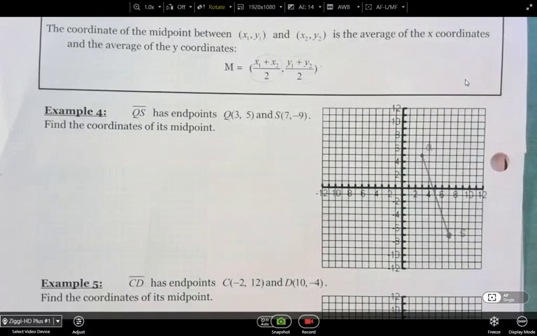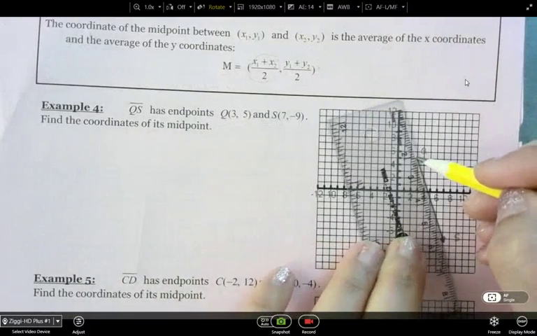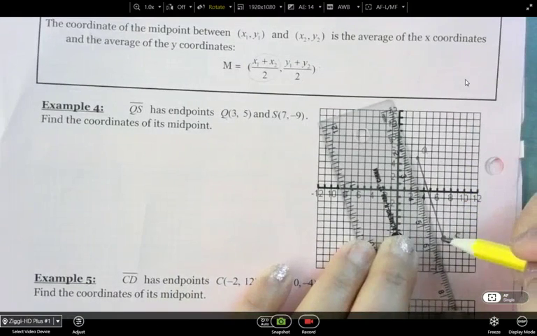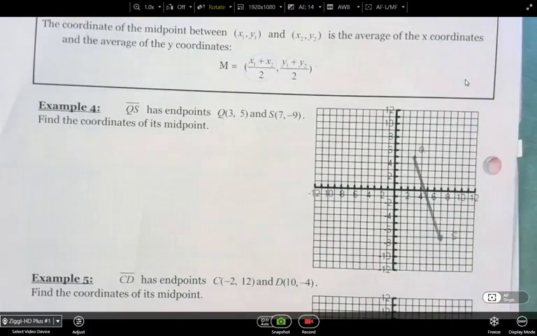And then we're going to match it up with the formula that I'm given here. Sometimes the drawing isn't as accurate as we'd like it to be.